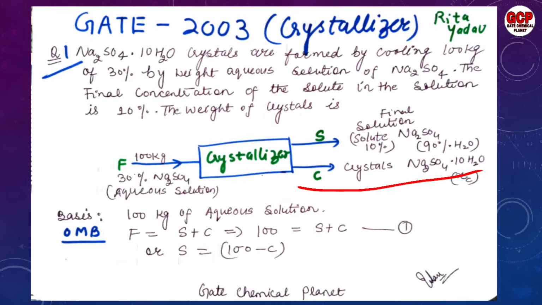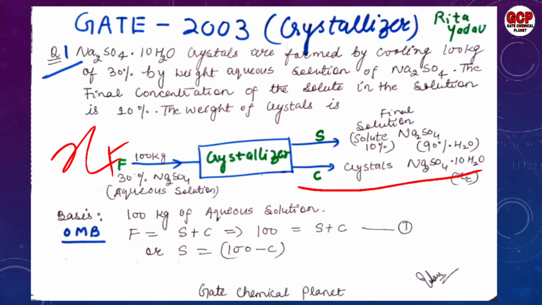So the amount of feed is given: F is 100 kilograms, and the salt or solute, Na2SO4, present in the aqueous solution is 30 weight%. So XF, the weight fraction of the salt in the feed, is already given.